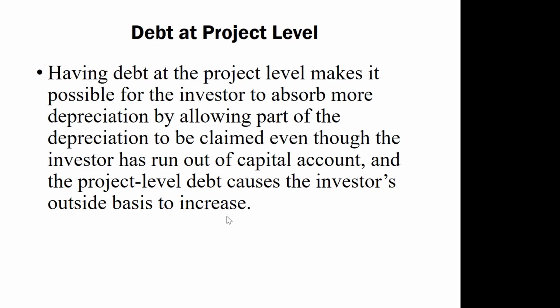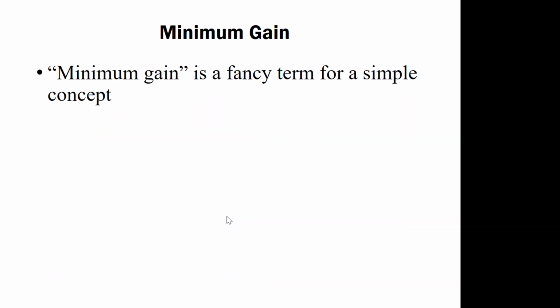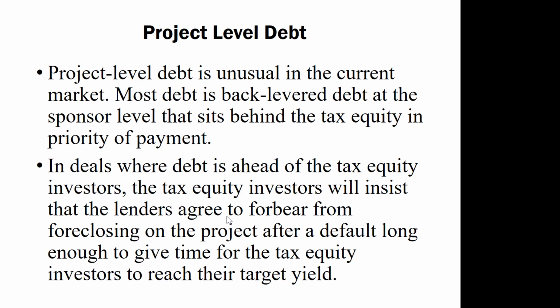And then we have debt at the project level that I didn't really put in. If you see this thing called minimum gain, I didn't finish this, but it's a term related to the debt. And if you have debt, that affects all of these constraints.